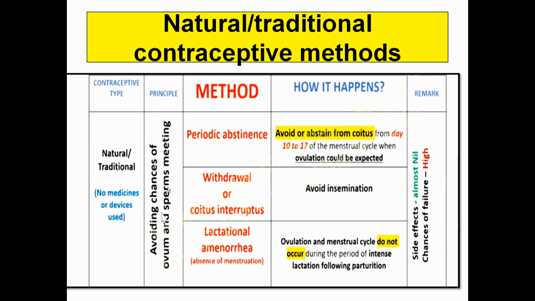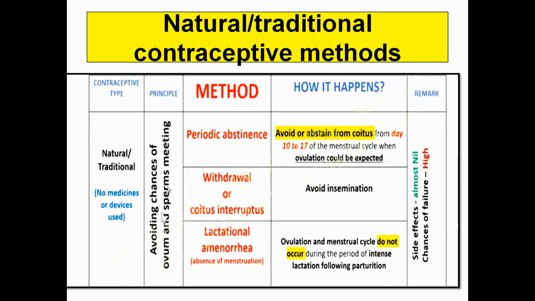Periodic abstinence refers to abstaining from coitus during the time of ovulation. As you know, ovulation occurs on the 14th day of the menstrual cycle, but it can vary from person to person. So the protected period, that is 10 to 17 days, has been framed for periodic abstinence. Full knowledge about the menstrual cycle is required in this case.